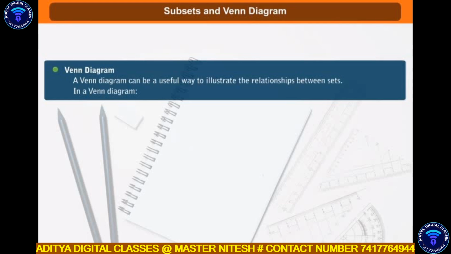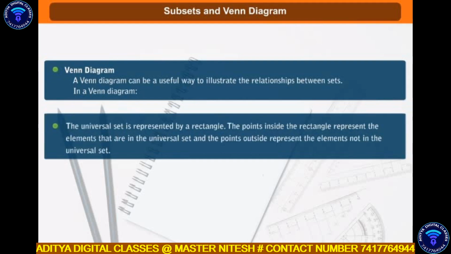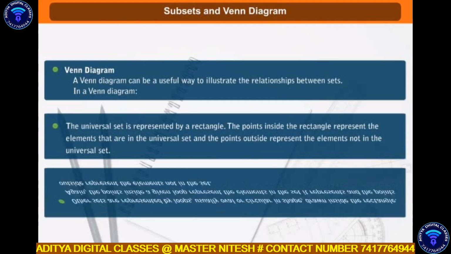Venn diagram. A Venn diagram can be a useful way to illustrate the relationships between sets. In a Venn diagram, the universal set is represented by a rectangle. The points inside the rectangle represent the elements that are in the universal set, and the points outside represent the elements not in the universal set.